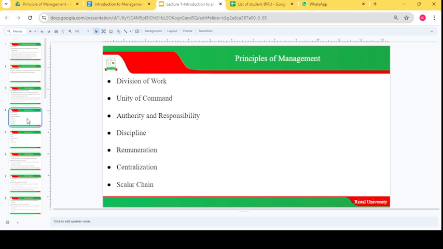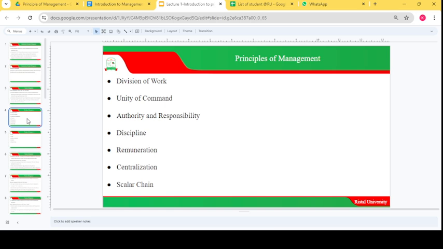One, we have division of work, which means specialization can enhance efficiency and productivity. We have unity of command: employees should have a clear reporting structure to avoid confusion.